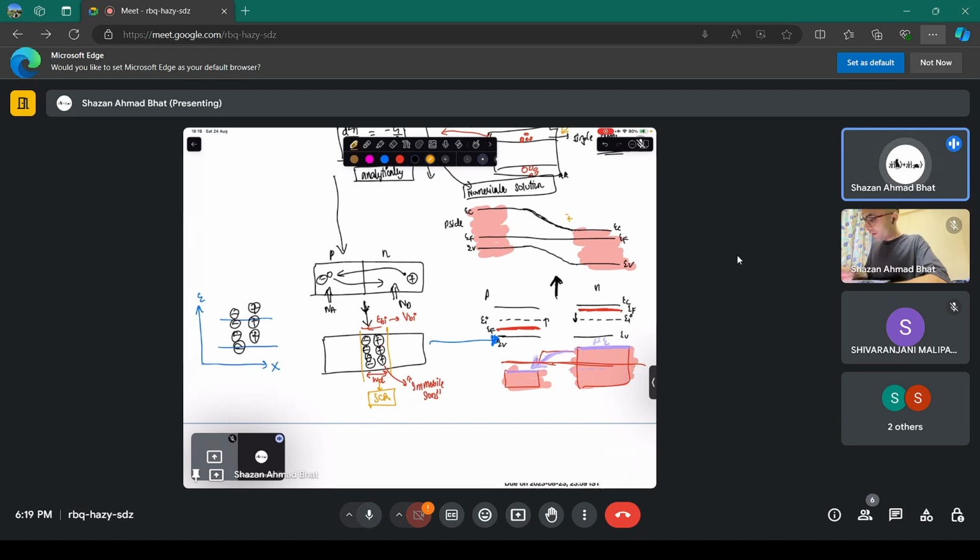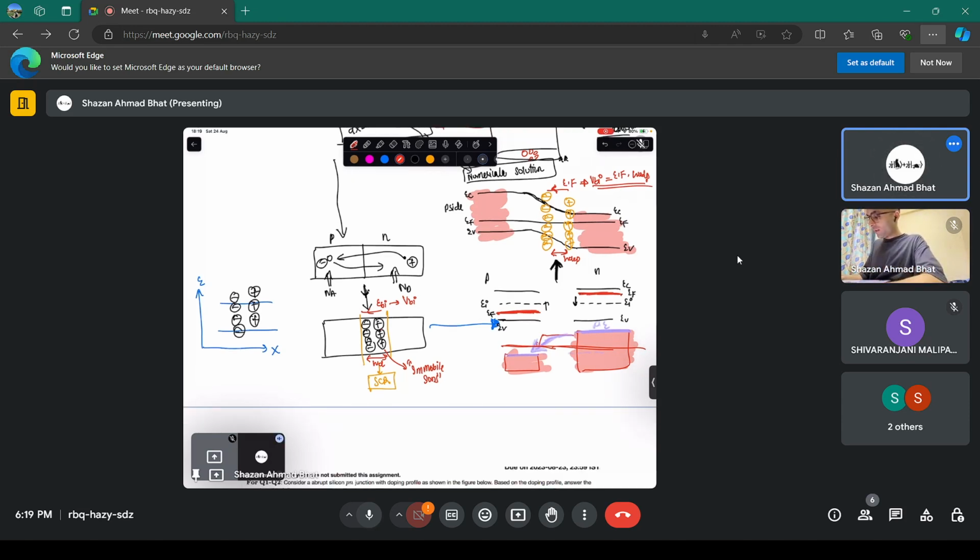Why? Because there are now those positive charges here, the space charge region. There are negative charges here, and it sets up an electric field in this direction. Because of which there's a built-in potential, which is basically the electric field times the depletion width, approximately, because field is the potential over that particular distance.